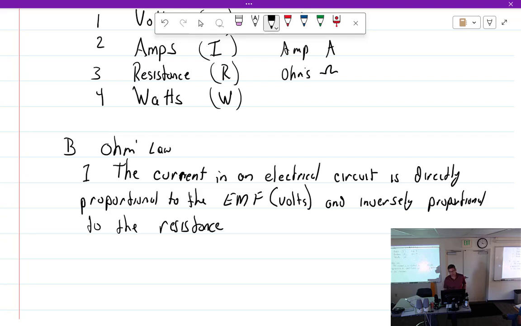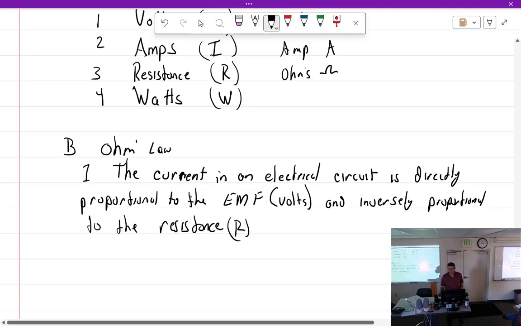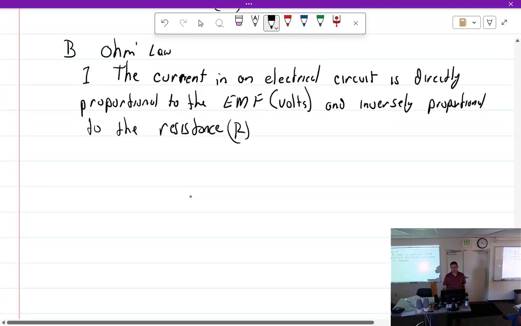Well, what the hell does that mean? Well, it means the current in an electrical circuit is directly proportional to the EMF.